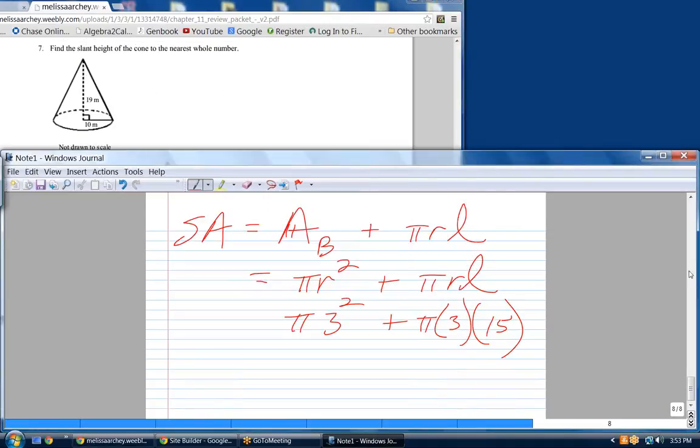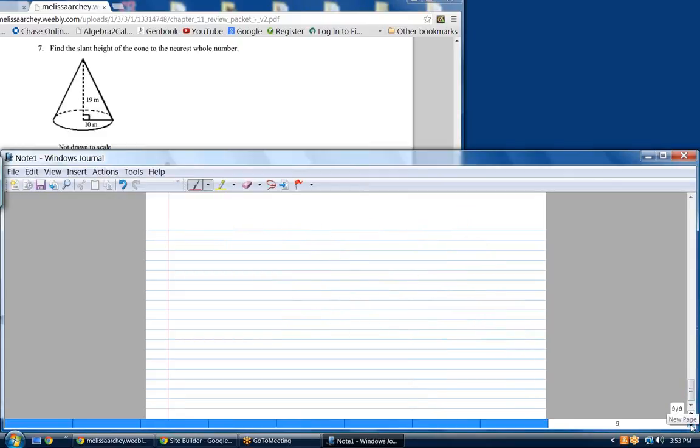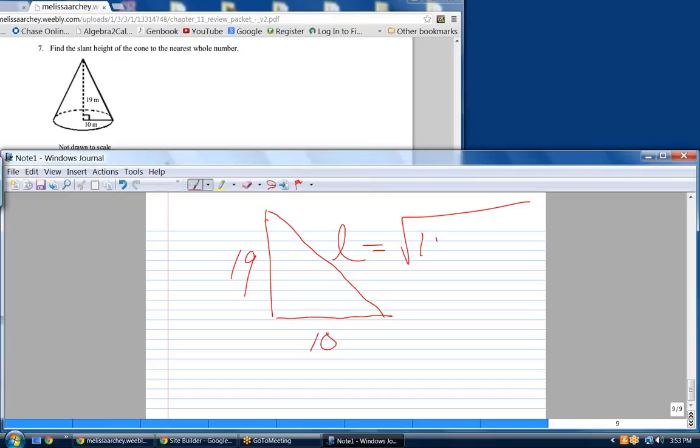Okay, to find the slant height on that one, you just make it a hypotenuse, right? Yes. All right. So the square root of 10 squared plus 19 squared equals lambda. Exactly. Okay.